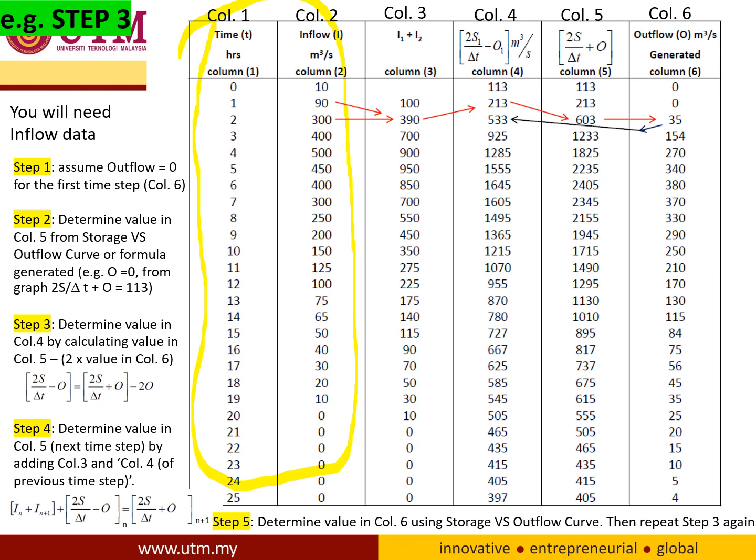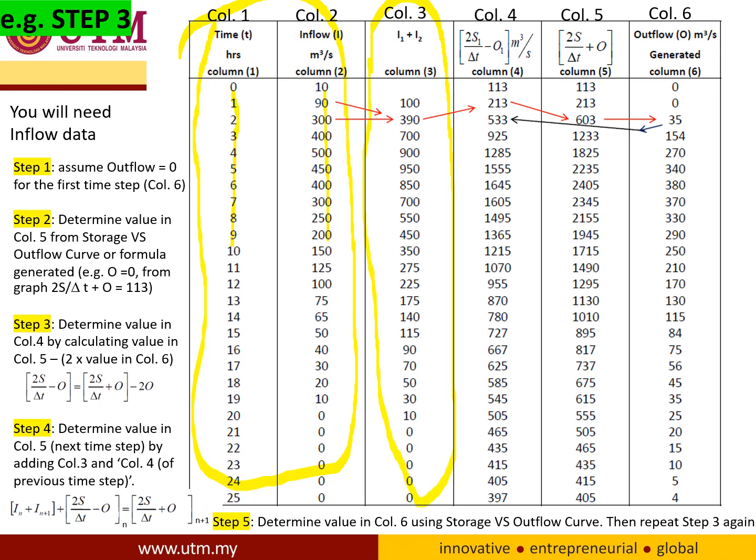Remember, we need to have an inflow data first to do the flow routing. The inflow data is given with a time interval duration of 1 hour. See, 1, 2, 3, 4, 5, 6. So the time interval is 1 hour here, and then the inflow data is given. The next step is you can calculate the values of column 3.